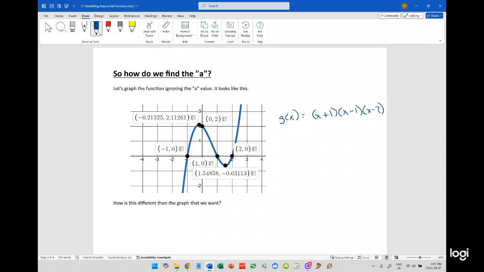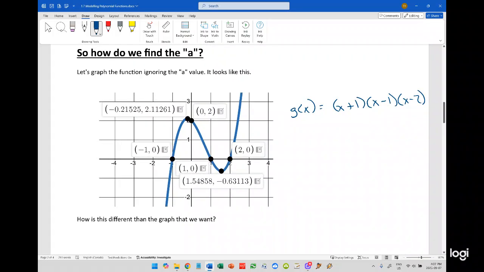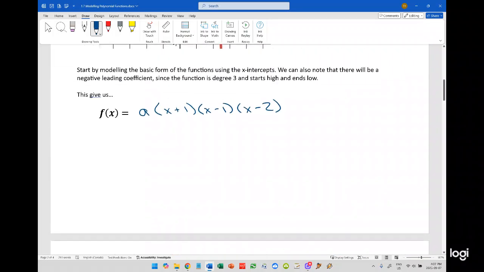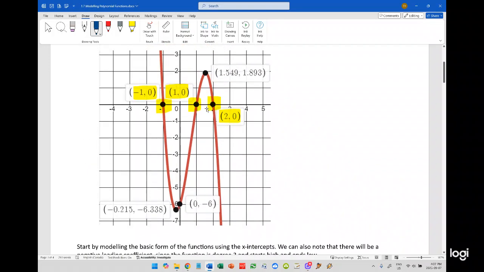Now, one quick observation, and I apologize, I have to keep scrolling back and forth here. If I go back to the original picture, I'm going to make a note that I have 3 points to work with. I've got this local minimum over here at (-0.215, -6.338). I've got the y-intercept at (0, -6).